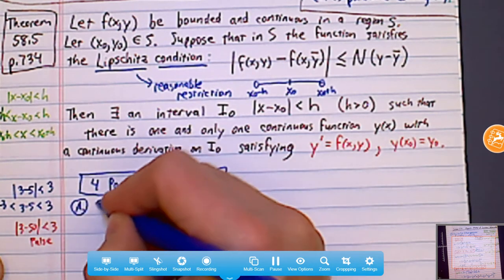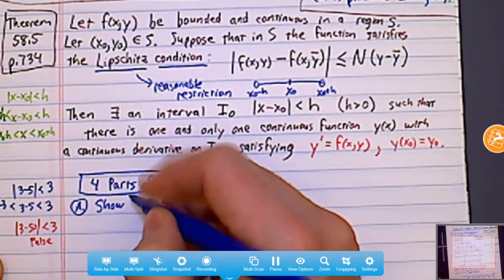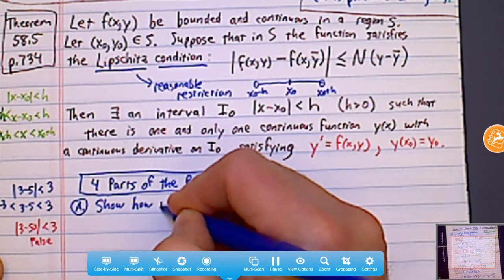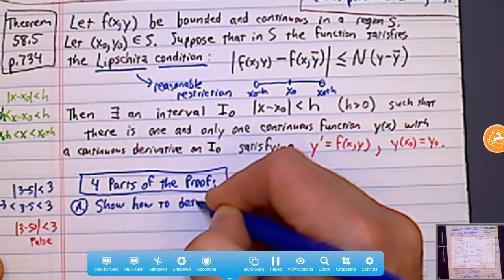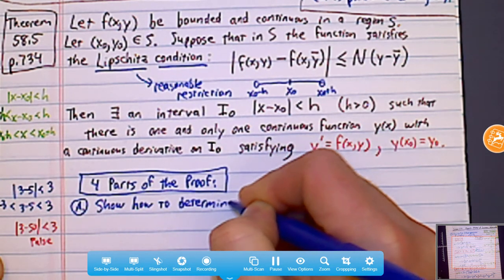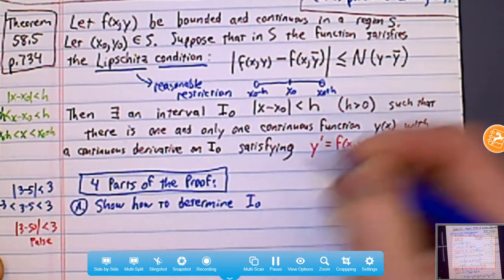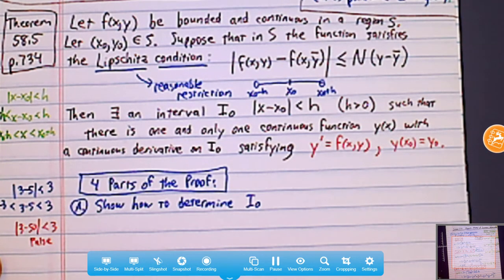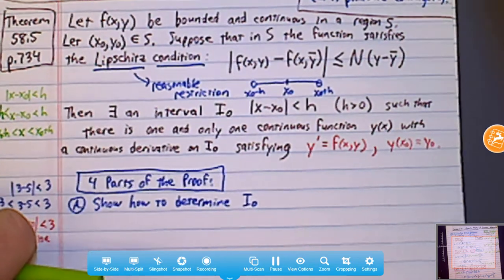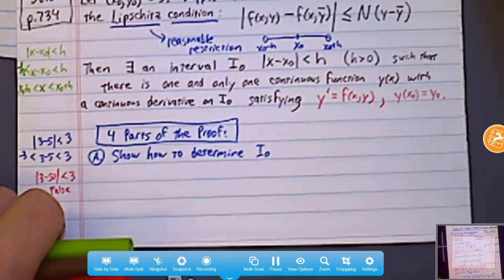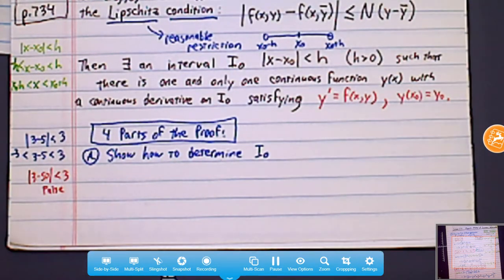We're going to show you how to determine the open interval. That's what part A is. Because I said this interval exists. Part A is just show me how to determine it.